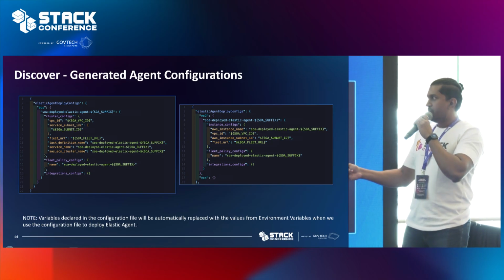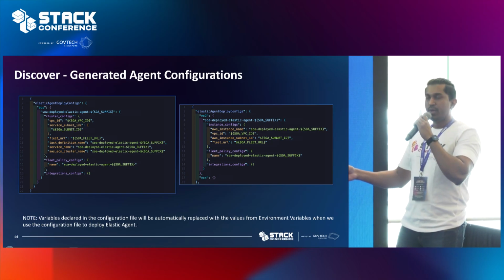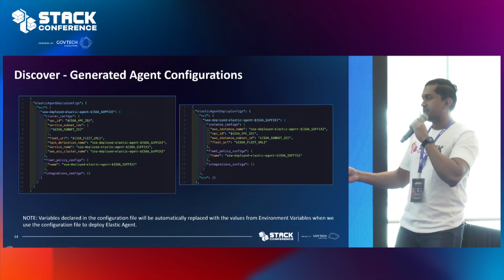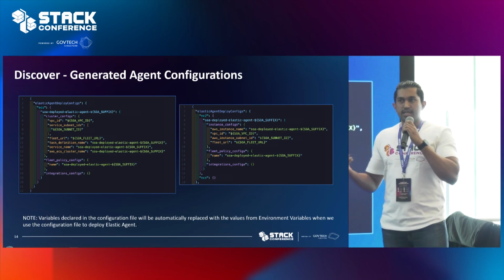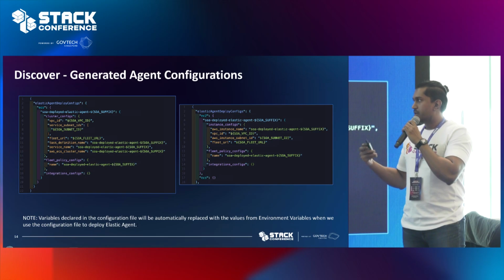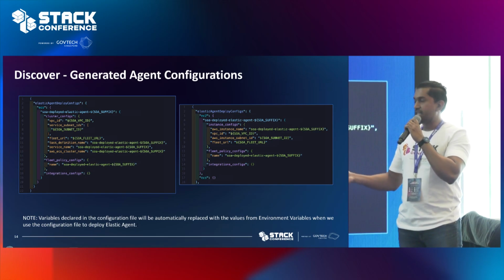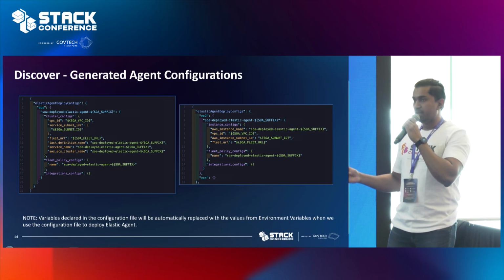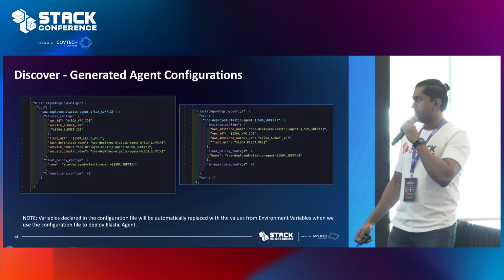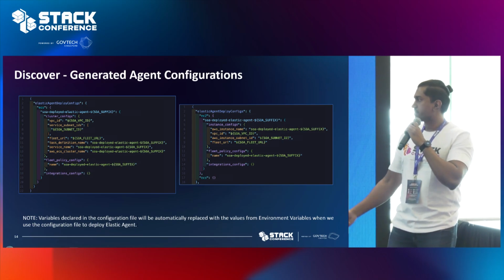These variables can be injected through environment variables. If you are in a CI/CD environment or use any other kind of deployment method, you can just inject these secrets or any other sensitive values using environment variables without committing this config into a repo.